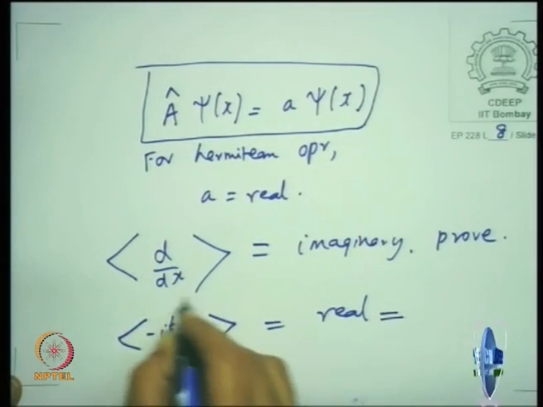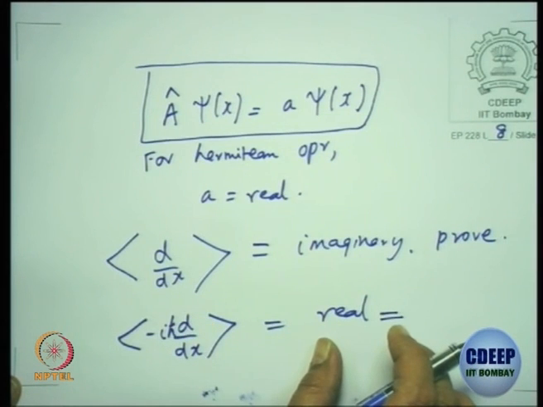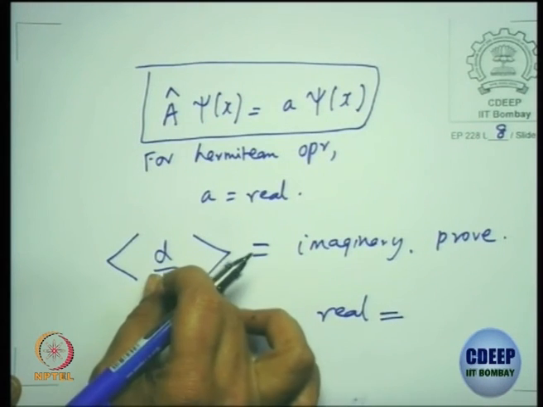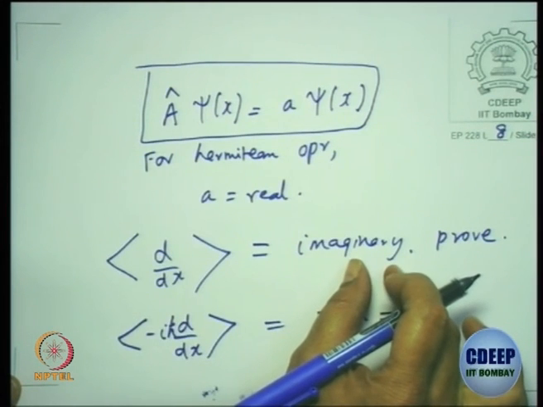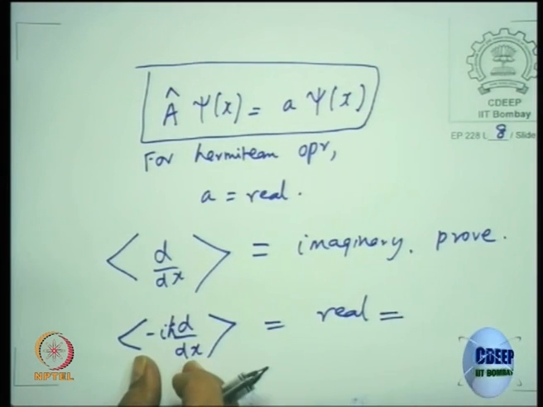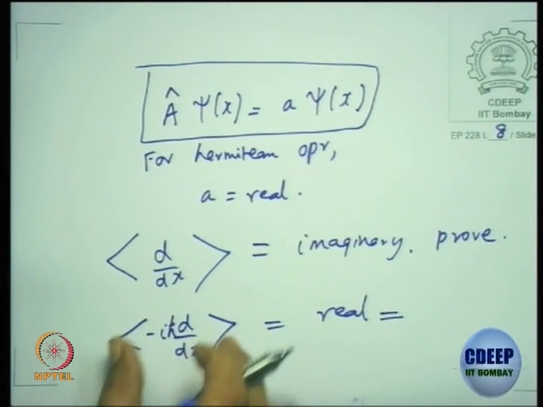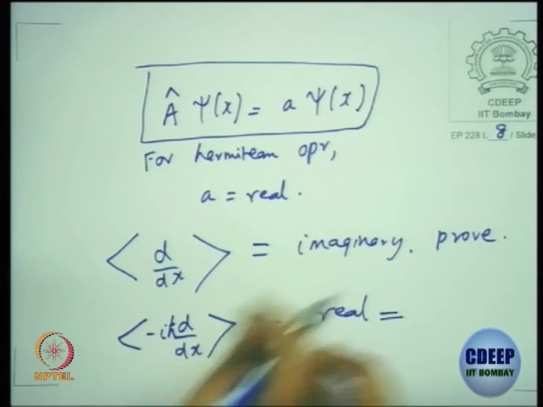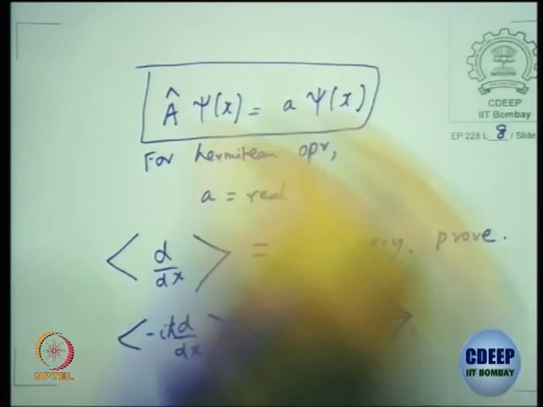If you want to call something an observable, the expectation value of the operator should be real. So the d by dx operator's expectation value is not real, it is imaginary. So for you the momentum operator is minus i h cross del by del x, because that expectation value will be real.